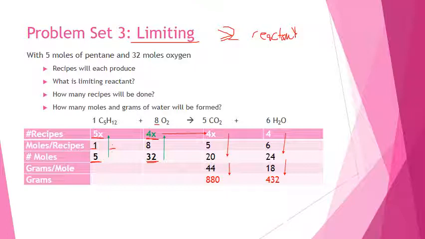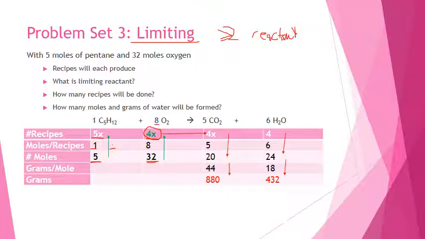Okay, now what you do is compare these 2 numbers. If you have 5 moles, you can do this reaction 5 times. And if you have 32 moles, you can do it 4 times. Hopefully you can see that I will run out of my oxygen before I run out of the pentane, because I can only do it 4 times here and 5 times there.